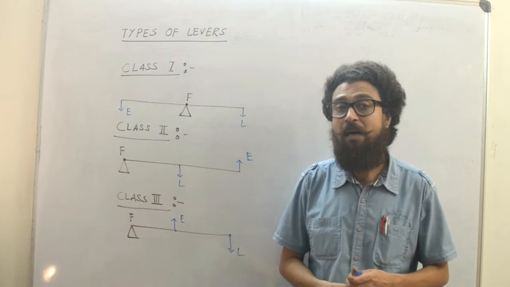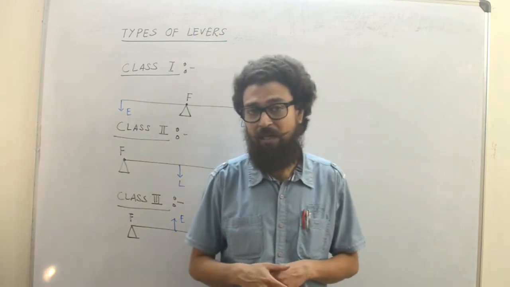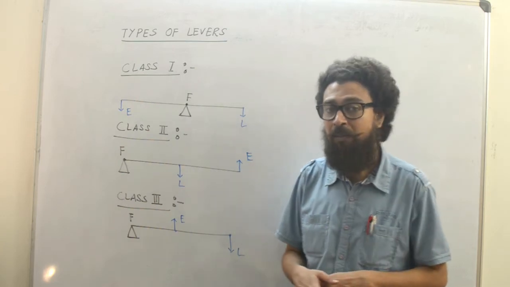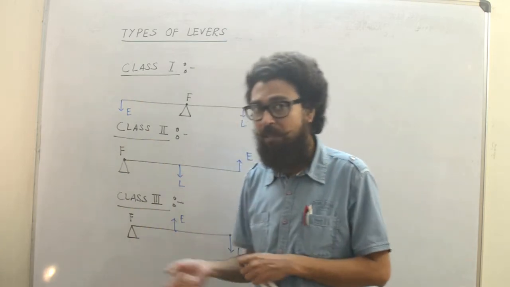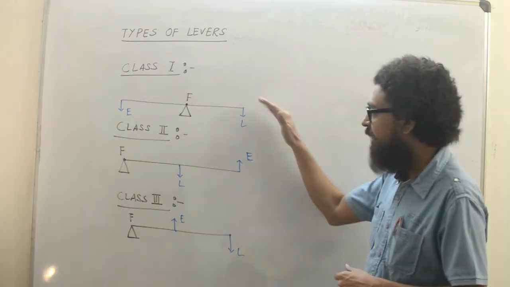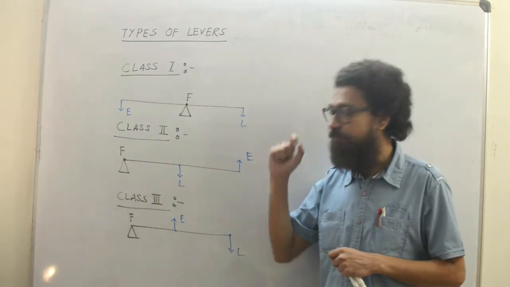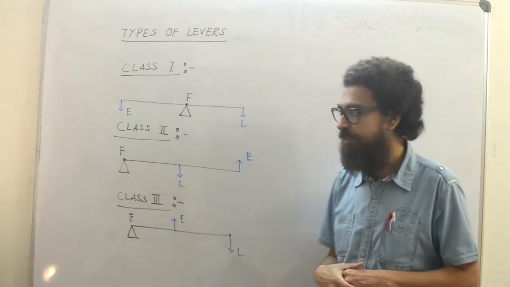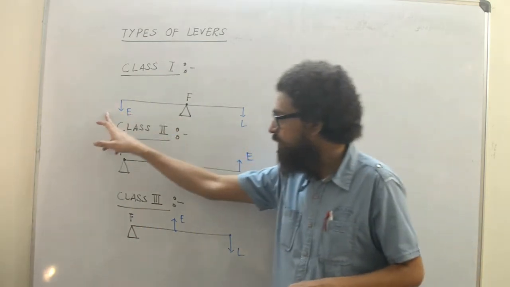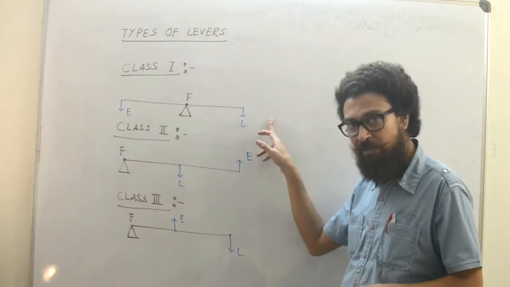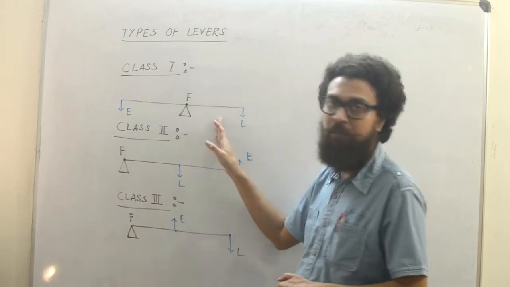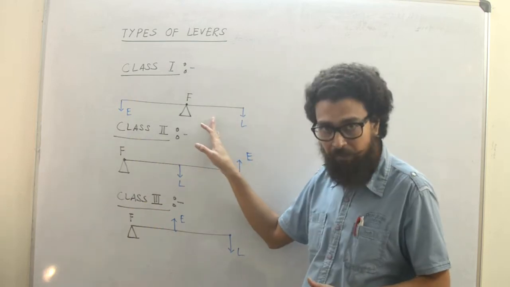A very common example is the beam balance, which is a class 1 lever. You can even cite scissors as an example. I'll come to examples, but right now this is the schematic diagram, the simple geometric representation of class 1. So effort is on one side, load is at the other extreme, and the fulcrum is anywhere in between these 2 points. It should not always be at the middle.